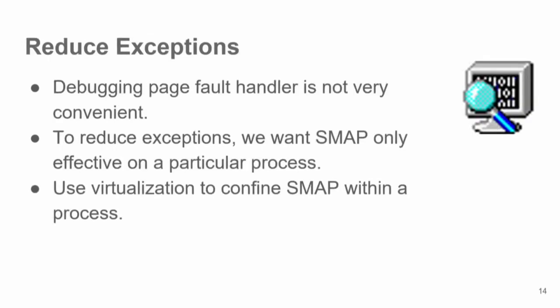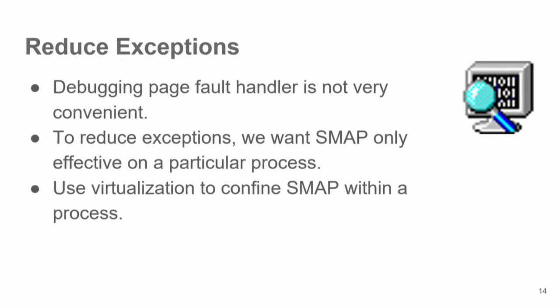What we have is Windows Debugger. WinDBG is a software debugger. When I use it to debug a low-level system mechanism such as page faults, sometimes it's not very convenient, because the debugger itself may further trigger page faults, and that easily gets us into a dead loop.